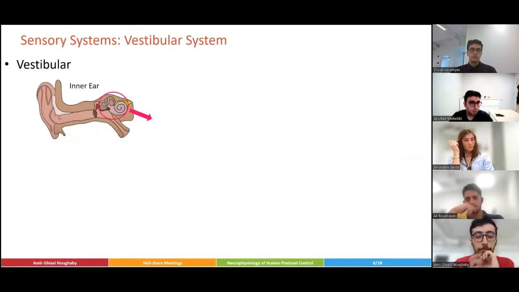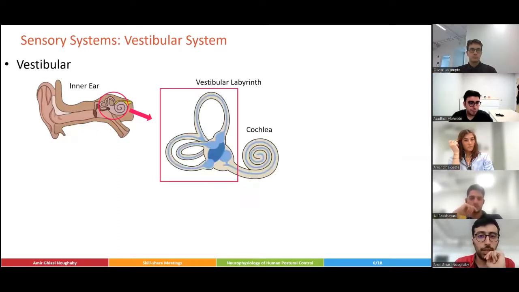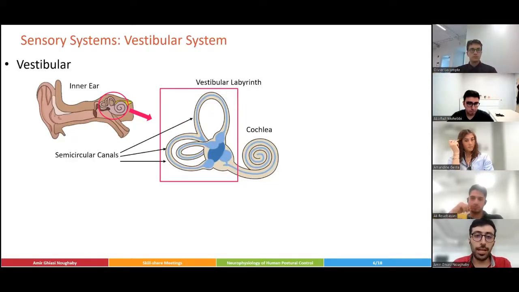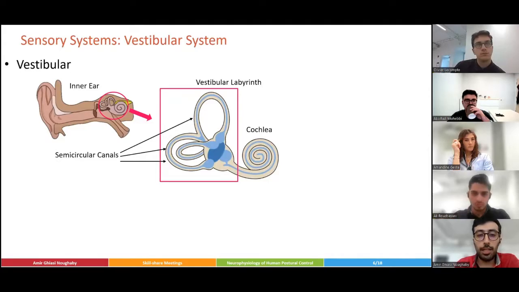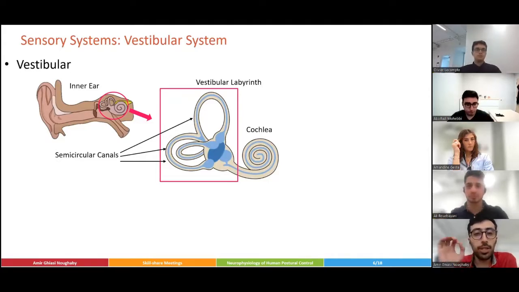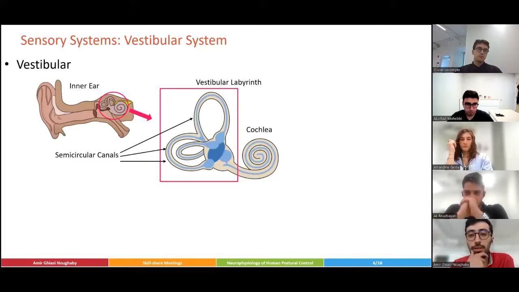And in the inner ear, we have a part, actually we have two parts, the vestibular labyrinth and cochlea. The cochlea is related to the auditory system, but the vestibular labyrinth is related to the vestibular system. Actually, it has three different semicircular canals, each of which senses the rotation of the body in each plane in space.